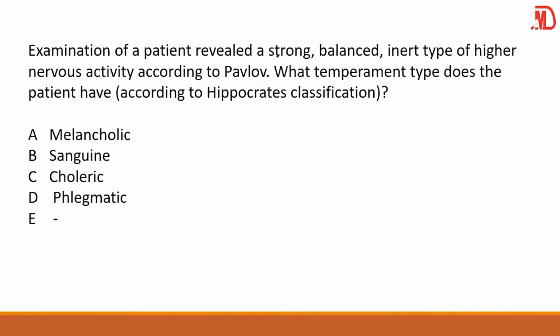Examination of a patient revealed a balanced innate type of higher nervous activity according to Pavlov. According to Pavlov, what temperament type does the patient have? So this has to do with temperament. According to Hippocrates' classification of temperament, we can talk about the phlegmatic type.